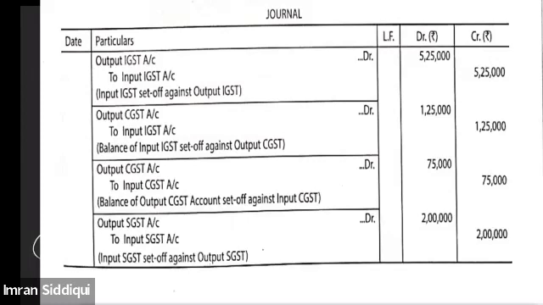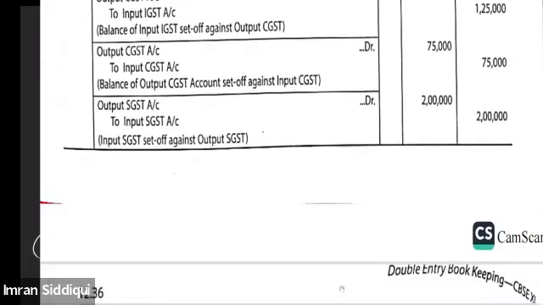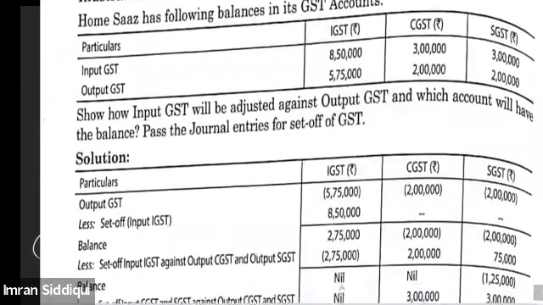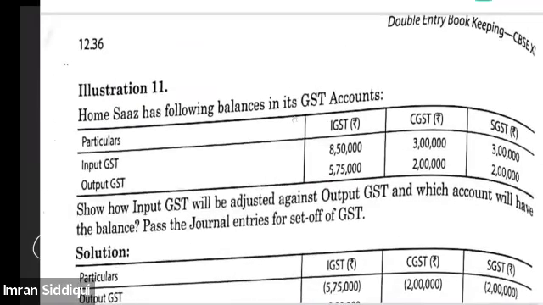Just a moment, let me just scroll this down. Yeah, this is a question wherein you can see the amount of input IGST is 8,50,000, right?